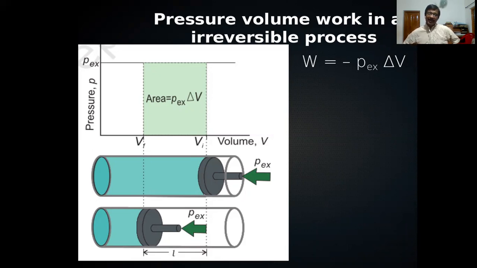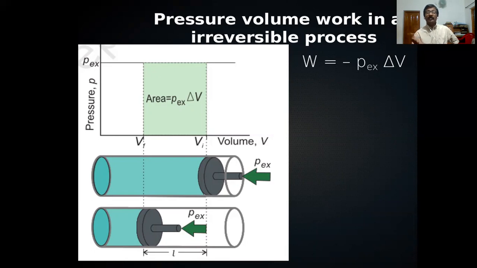Work is done against external pressure, so W is equal to minus P external delta V. That will be negative. It is the expression to find out work done in the case of an irreversible expansion.